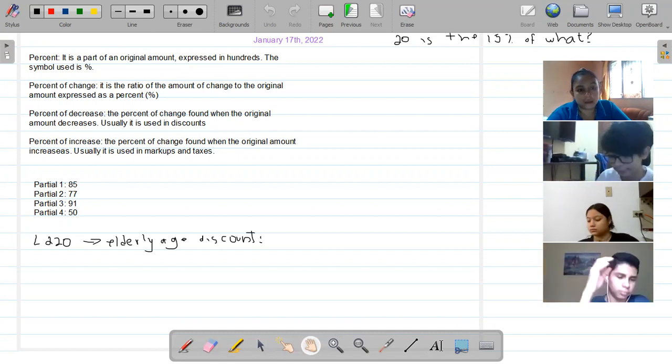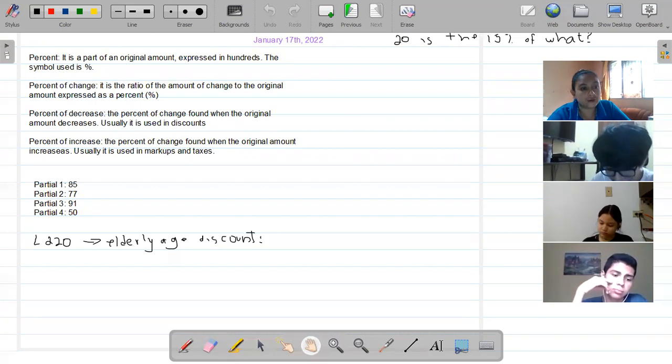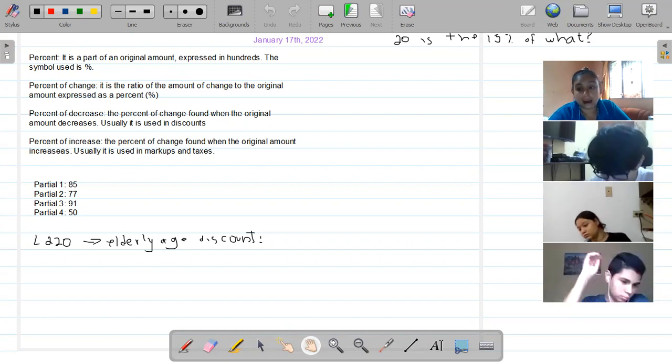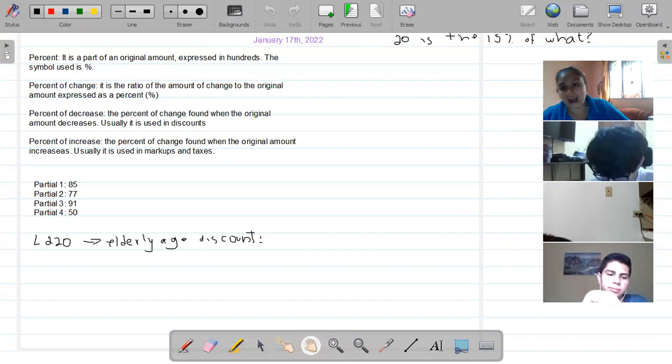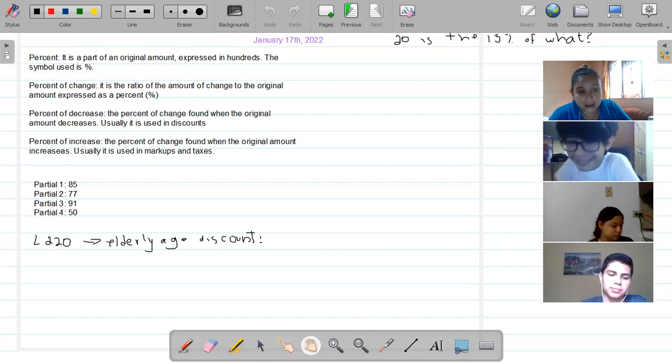Percent of increase, the percent of change found when the original amount increases. When it increases, usually it is used in markups or taxes. For example, when we go to a restaurant and they ask us to add the tax, the 15% tax, then we find the percent of increase.